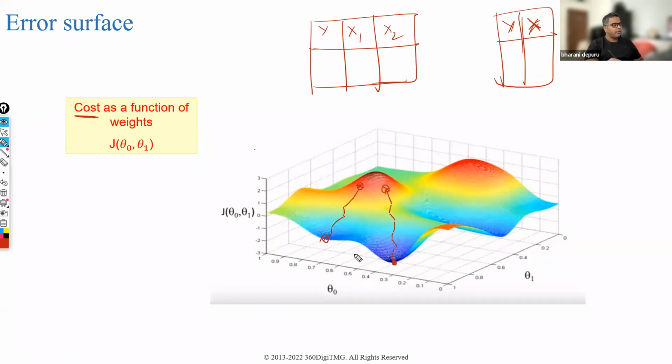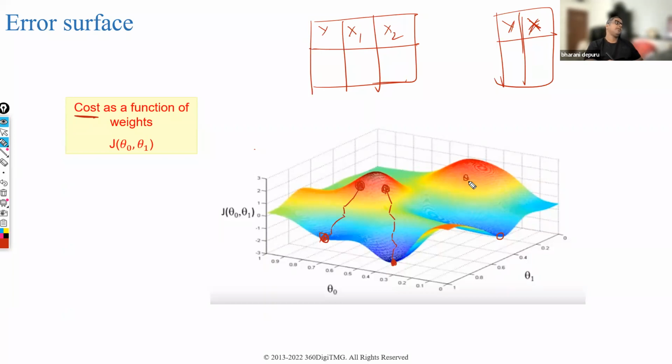So which minima will you reach really depends upon where the weights are initialized. You know that weights are randomly assigned. If the weights are randomly assigned somewhere here, it reaches this minima. If the weights are randomly assigned here, it reaches this minima.